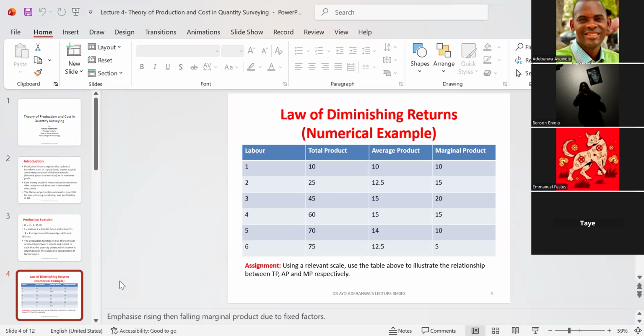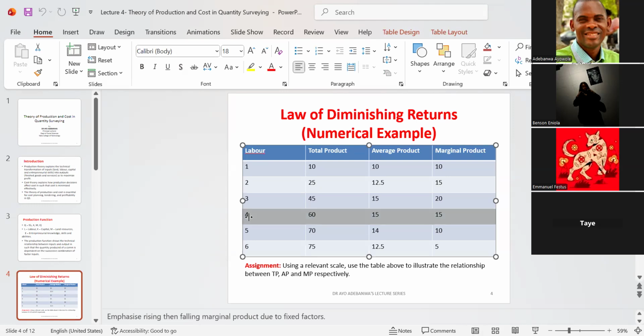But the moment they added a new labor, the fourth, you can see where my cursor is, the marginal product has reduced. It is reducing gradually to 15. You can see it there. From the fifth worker it is also reducing to 10.